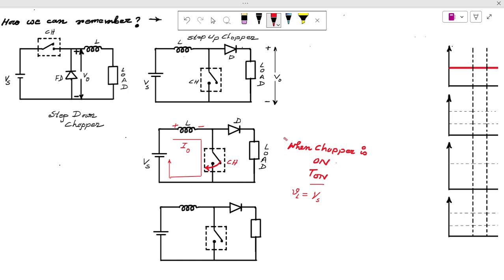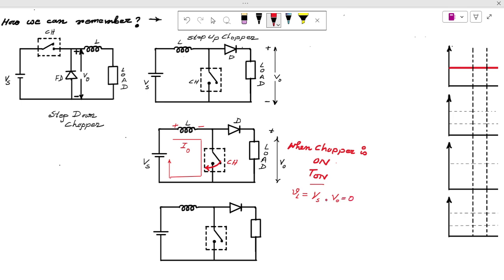As per the previous diagram, the voltage across the load is V naught. As there is no current flow through this load, V naught will be 0.